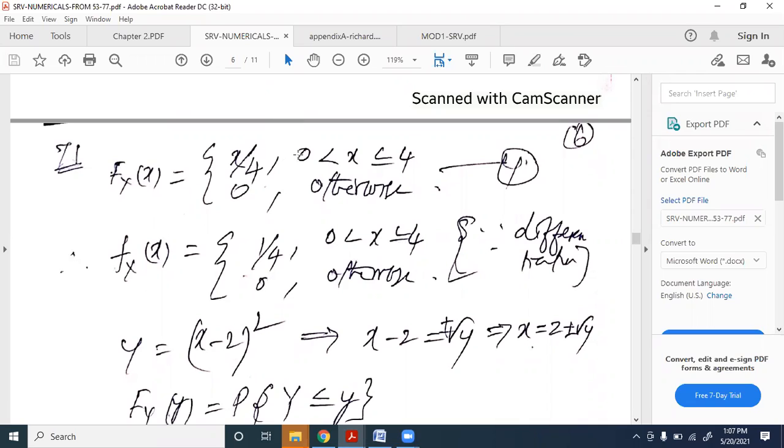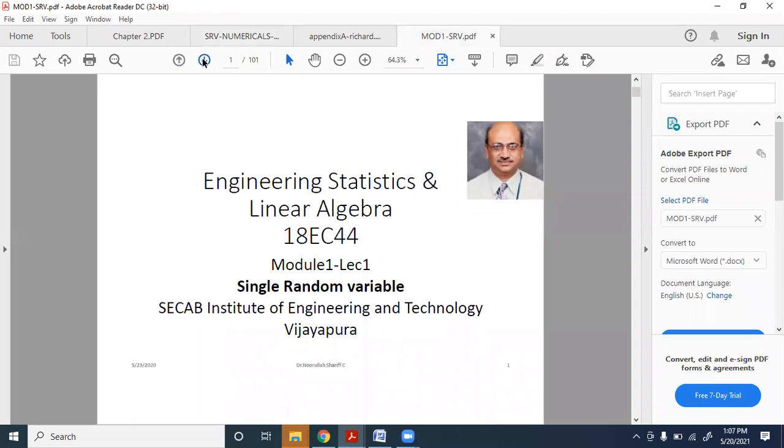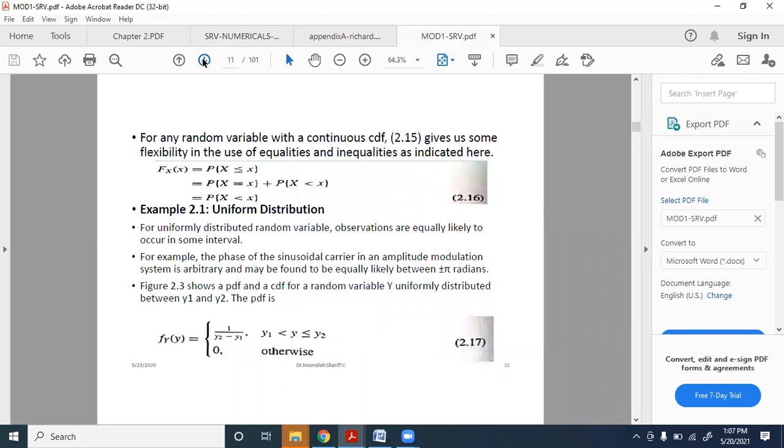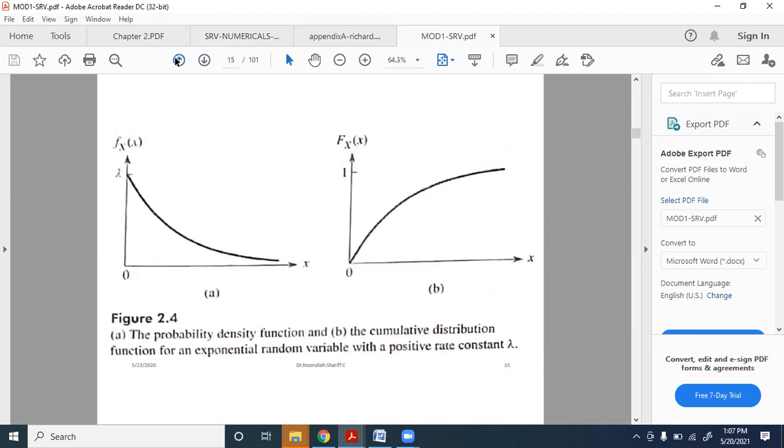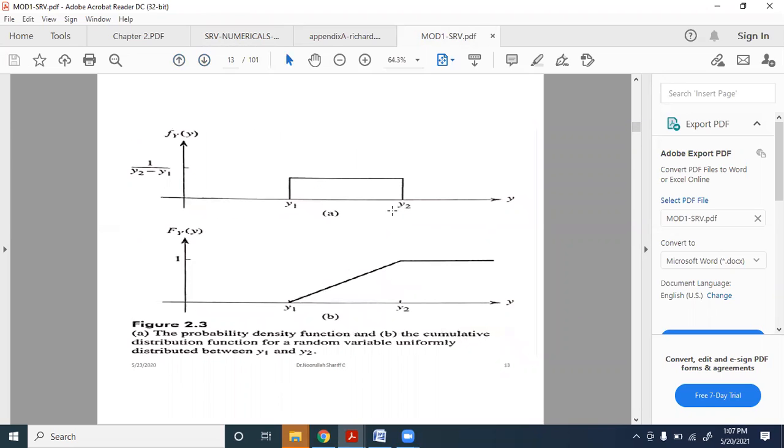Remember that whenever a uniform distribution is given, the CDF will be a ramp, or triangular function, and the PDF will be a square function. We have already seen this in the figure. You can see that this is the PDF, which is rectangular, and this will be a ramp in the case of the CDF.